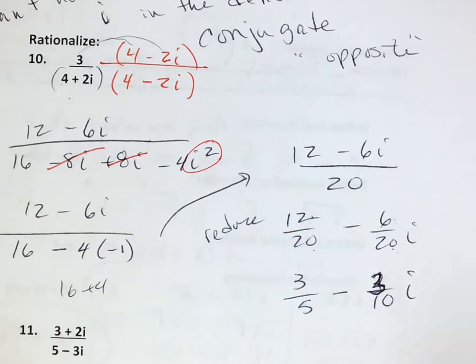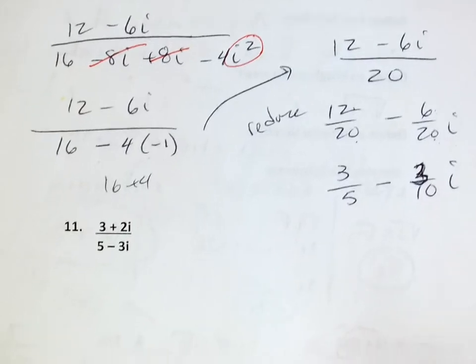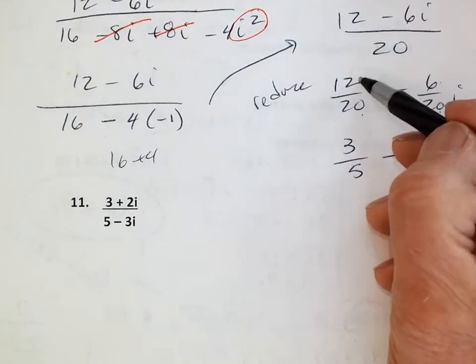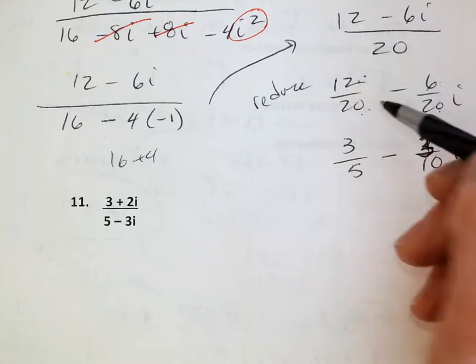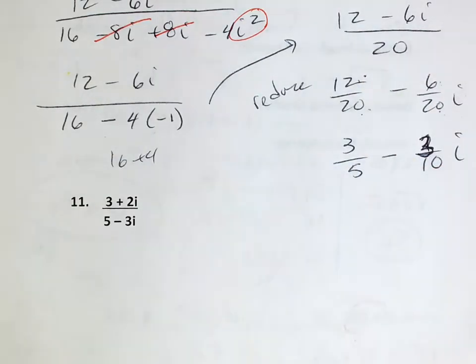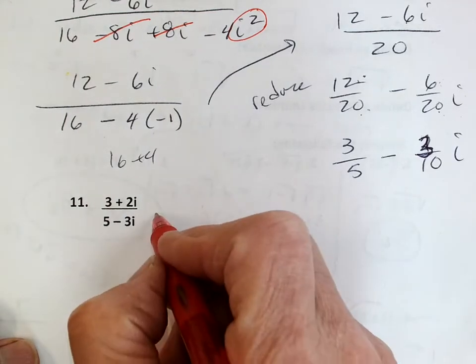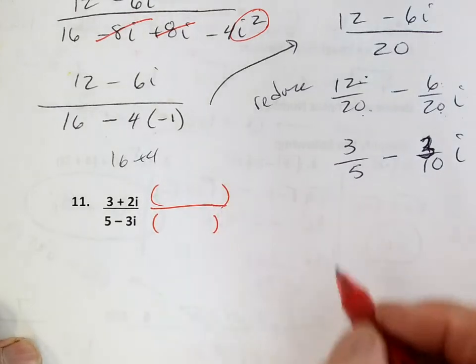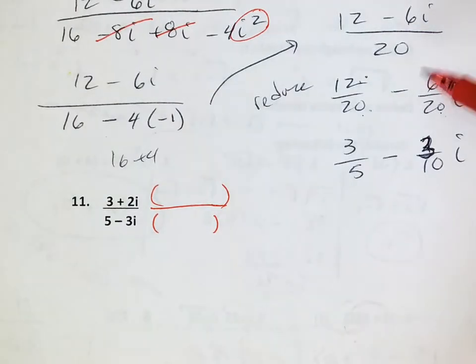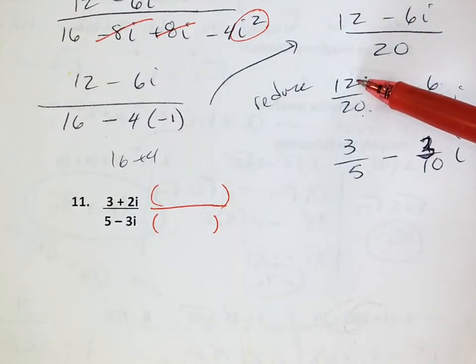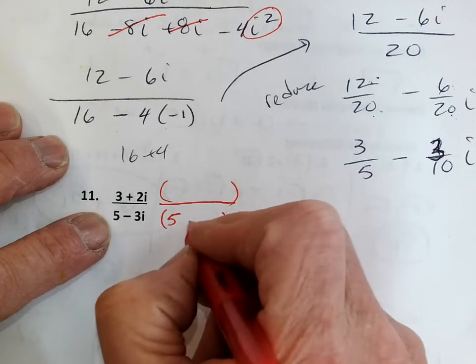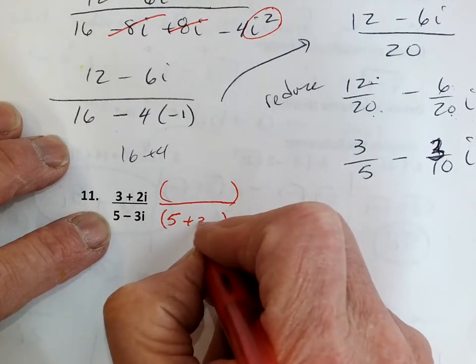Okay, now 11 divided by 4. Okay. So same problem. We're going to multiply by the conjugate, which is going to be 5 plus 3i.